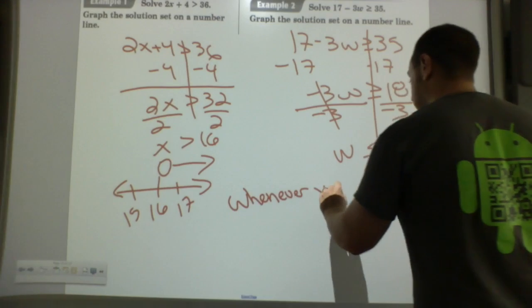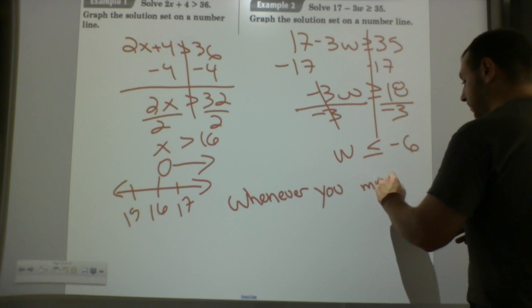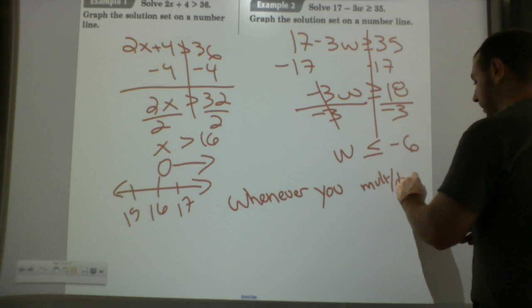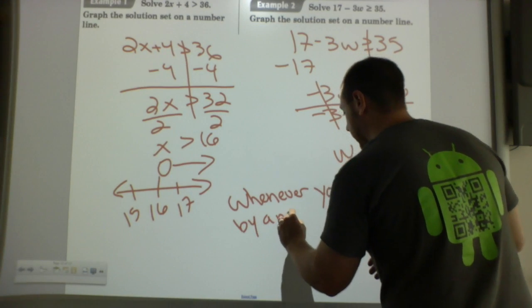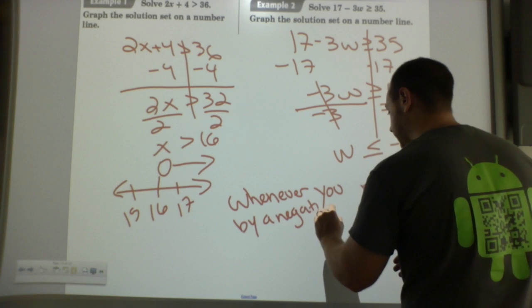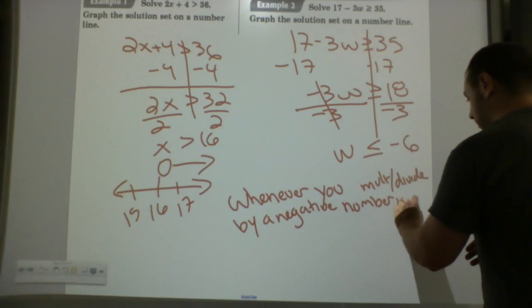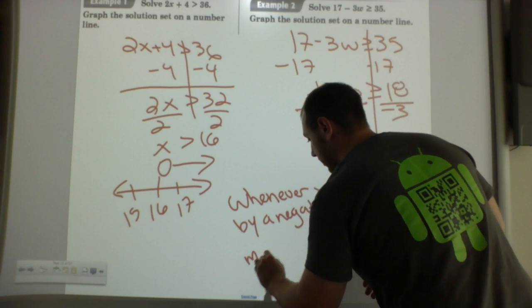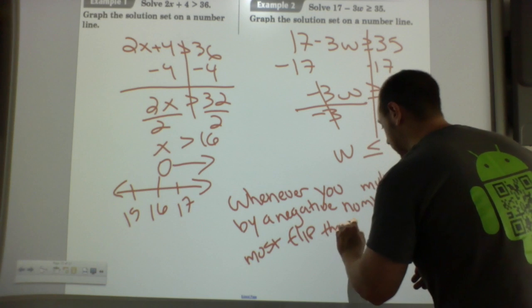Whenever you, and I'm going to expand this too, multiply or divide by a negative number, you must flip the inequality.